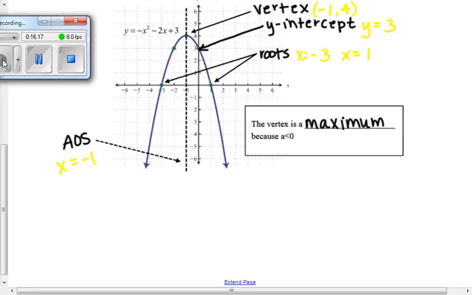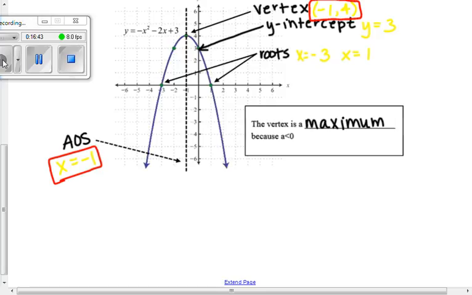All right, so hopefully you have already done this and you're already seeing that your answers match mine. Now I just want to point out a little connection, because I didn't point it out on the last one. Take a look at our axis of symmetry, x equals -1. Take a look at our vertex, and specifically the x value of our vertex. What do you see?